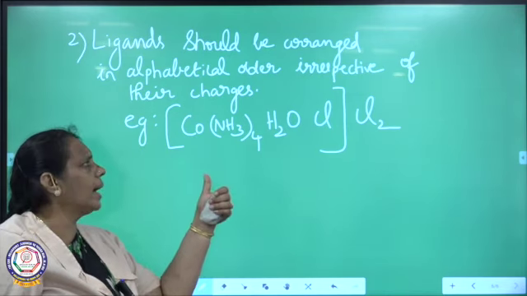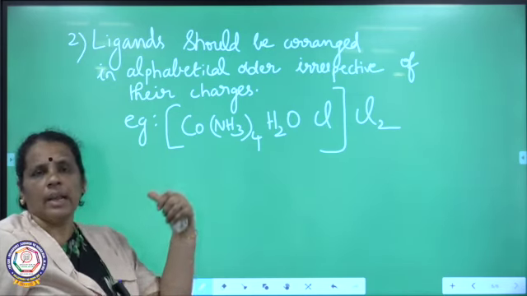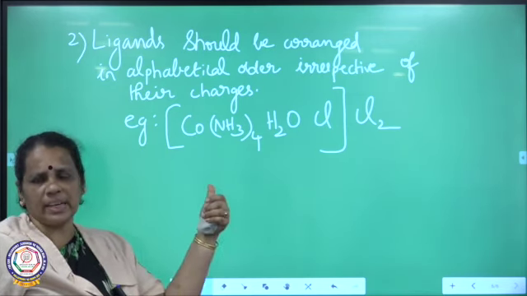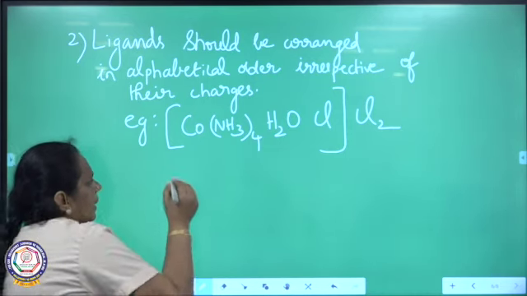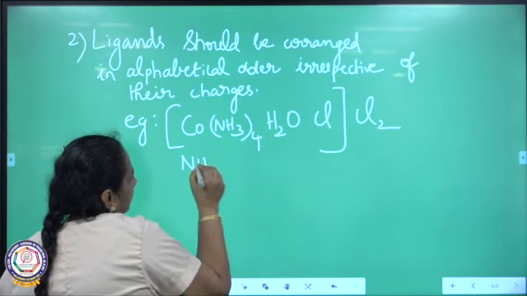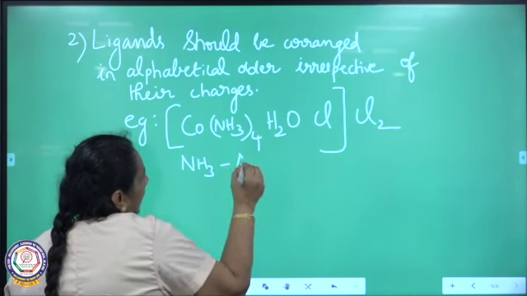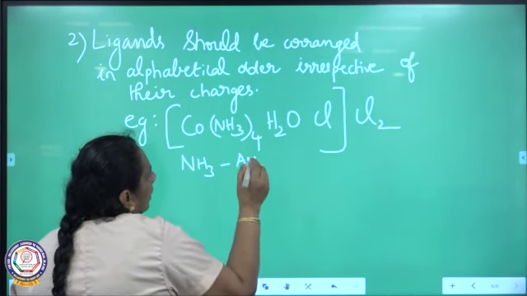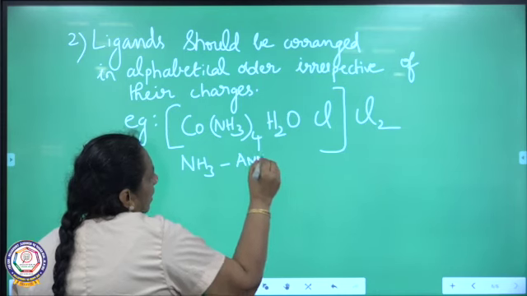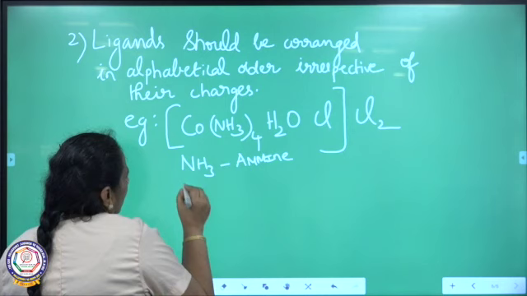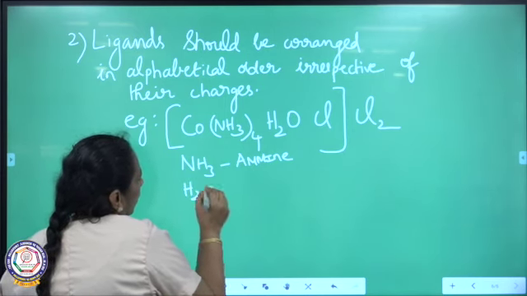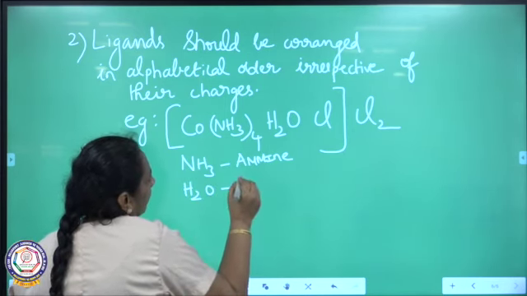There are 3 different ligands present inside the square bracket along with the central metal ion. For example, NH3, the IUPAC name for which is ammine. Second one, H2O. For H2O, the IUPAC recommendation is aqua.